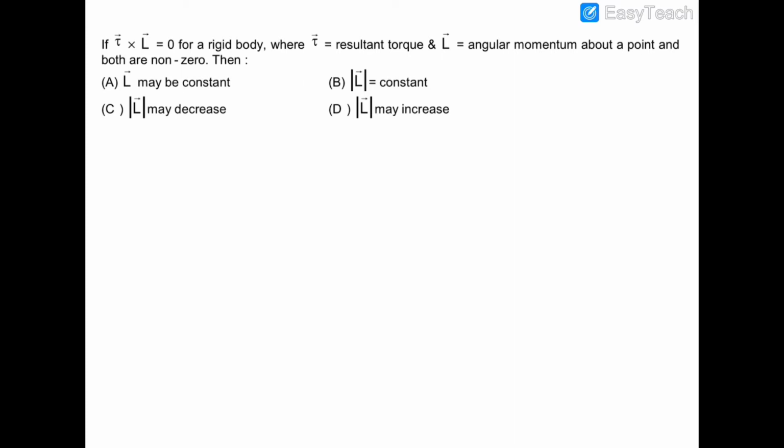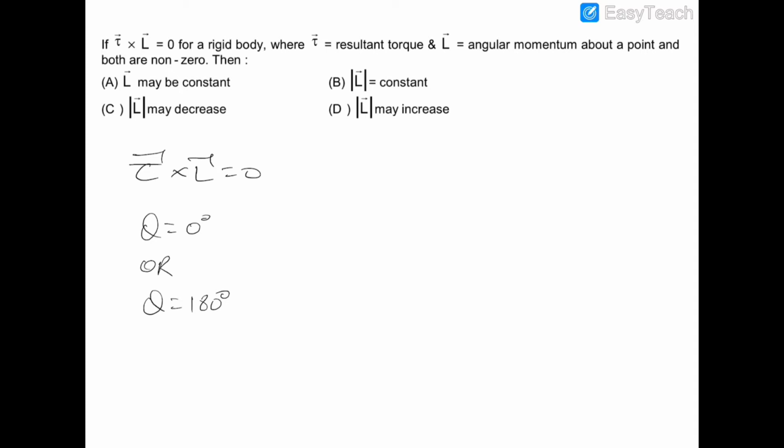Now it is given that torque cross L is 0, and this is only possible when the angle between torque and angular momentum is either 0 degree or 180 degree. Any cross product has sine theta in it, and sine theta is 0 only in two cases, when theta is 0 or theta is 180 degree.